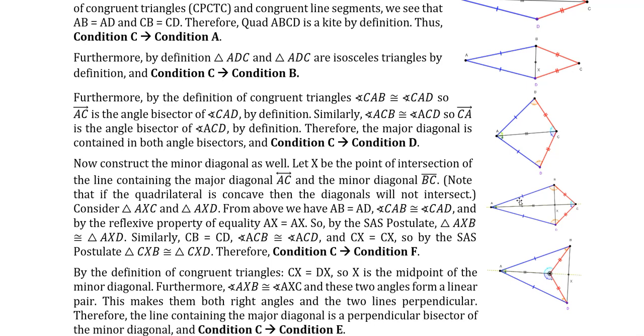Furthermore, since these two triangles are congruent, the angle BXA is congruent to angle DXA right here. Since those are congruent and they form a linear pair, they are supplementary and congruent, therefore they're both right angles. So we've proved that the line containing the major diagonal is a perpendicular bisector of the minor diagonal. It's not quite true to say that the major diagonal is a perpendicular bisector of the minor diagonal because they may not actually intersect in the concave case like this.